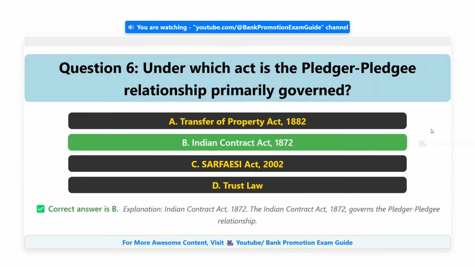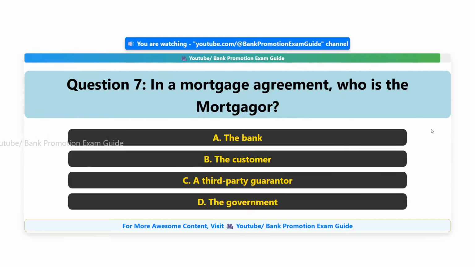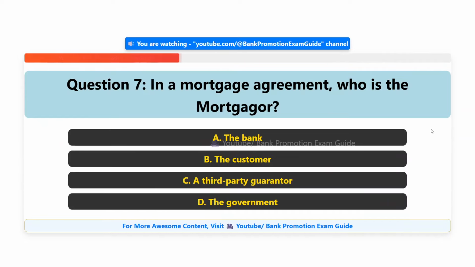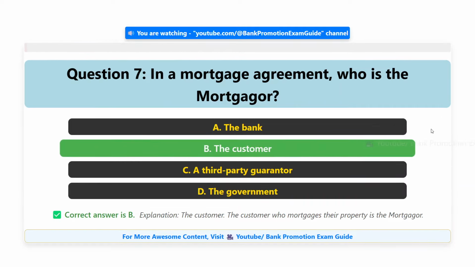Indian Contract Act, 1872. The Indian Contract Act, 1872, governs the Pledger-Pledgee relationship. Question 7. In a mortgage agreement, who is the mortgager? The customer. The customer who mortgages their property is the mortgager.